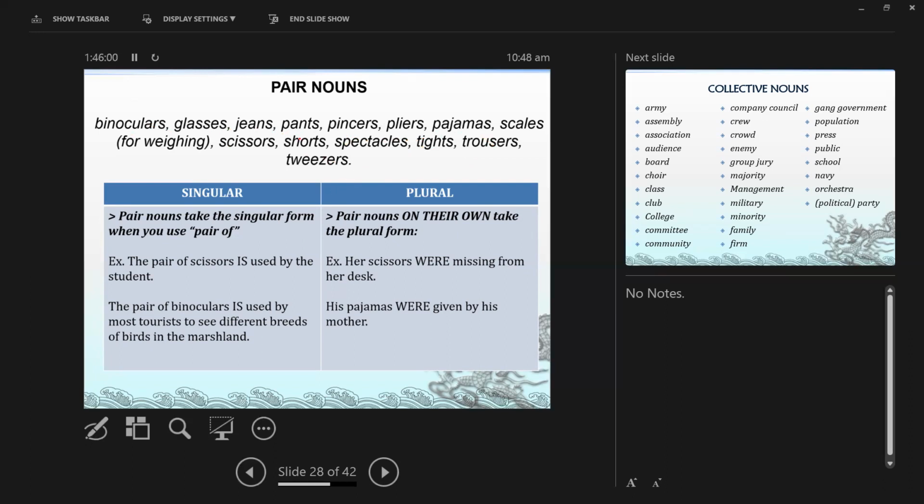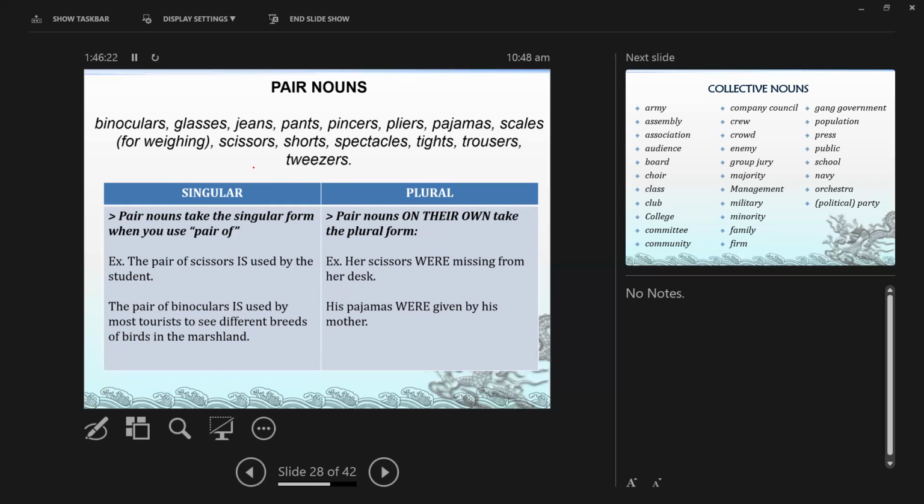So they always come in a pair. Hindi mo naman pwedeng sabihin, I'm wearing my pants today because actually pants are for two legs, diba? So that's why they're called pants because they are used for both of your legs.